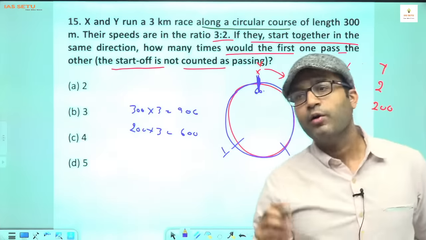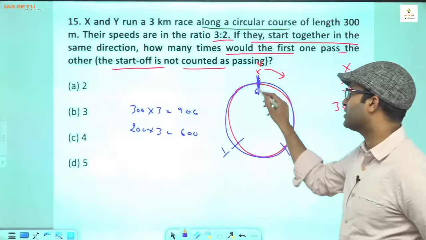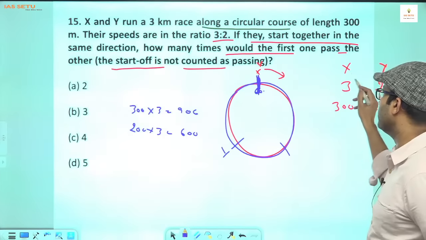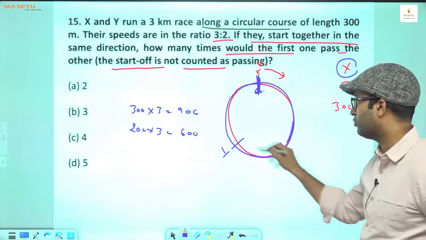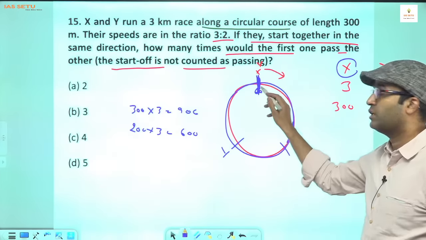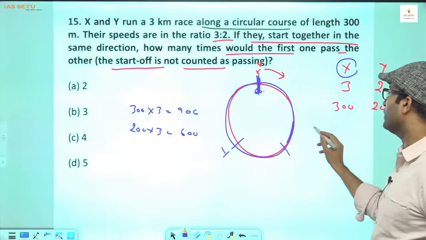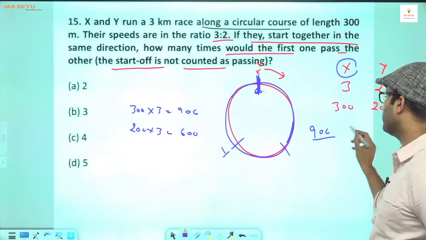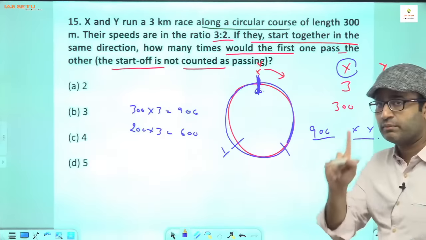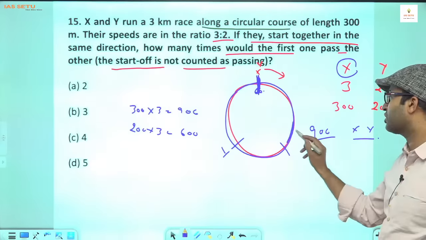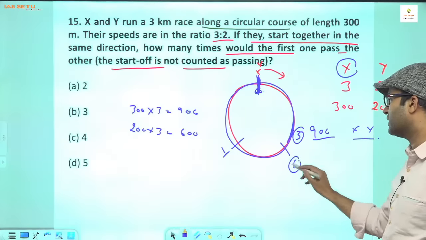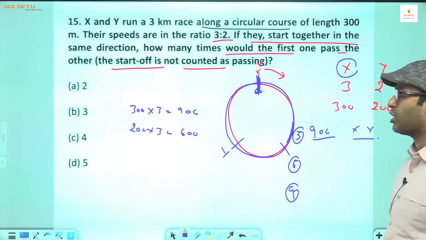Both will meet at the starting point once X completes 3 rounds, and in the same time Y completes 2 rounds. So in 900 meters, X and Y will meet once. Next is the 6th round, then the 9th round.